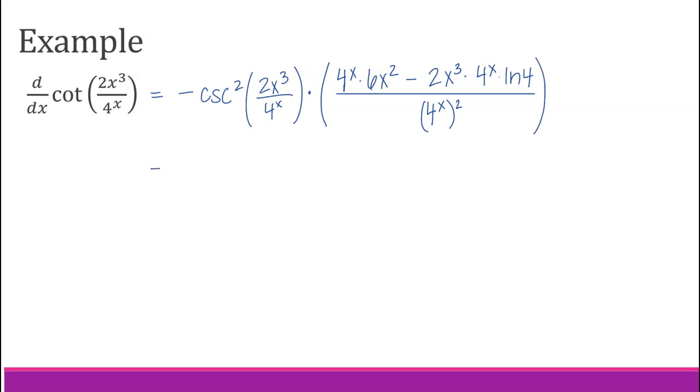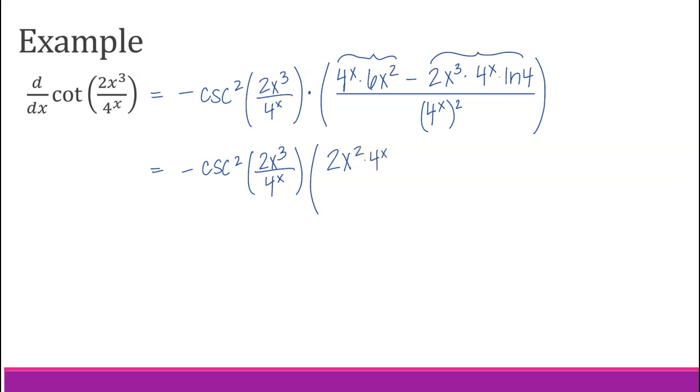And from here we can do a little bit of simplifying. We'll say negative cosecant squared 2x cubed over 4 to the x. And now in the numerator here, we want to recognize that that's 2 terms, and we want to factor out what's in common. We can take out a 2, an x squared, and a 4 to the x. And then we would be left with, from this first term, just a 3.